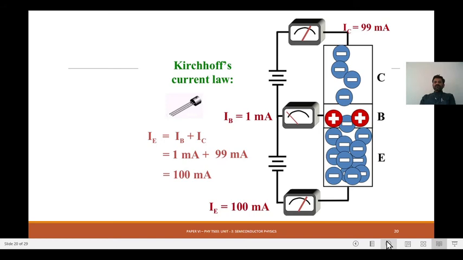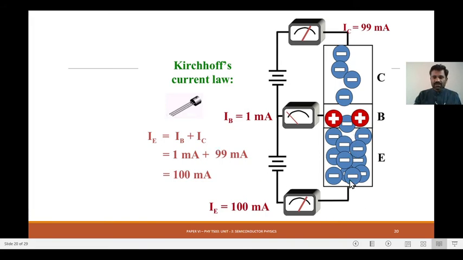And coming to Kirchhoff's law, not voltage law, Kirchhoff's current law. The current law says that across any node, the algebraic sum of currents entering a node is equal to the algebraic sum of currents leaving that node. Which current is entering? The entering current is IE.